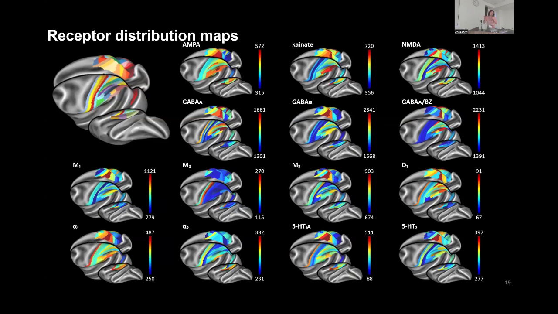Functional imaging in macaque monkeys is a rapidly advancing field. Here you see on the top left of the slide the location and extent of the different areas that she identified, represented on the Yerkes 19 template brain, and all the other small images show the densities of the different receptors that she analyzed on each one of these areas.